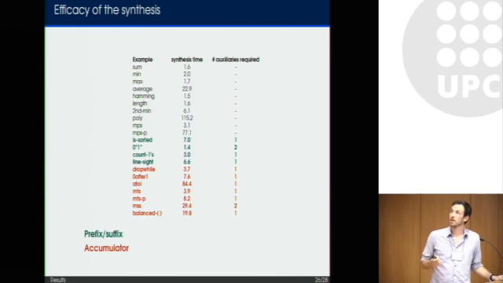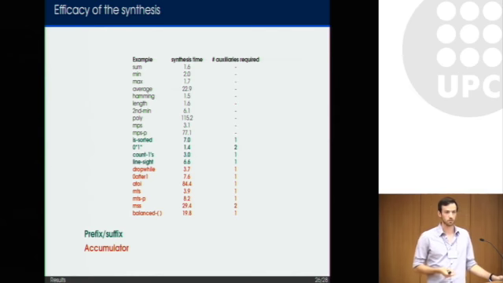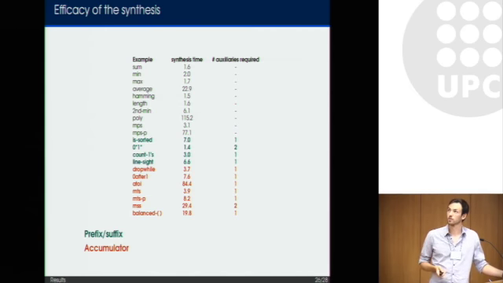So here are some of the examples we treated. The largest synthesis time is for examples that use nonlinear operators such as polynomials, over 100 seconds, but it's still acceptable, and we can synthesize solutions in acceptable time. So from 1 second for the sum to the polynomial example in over 100 seconds.